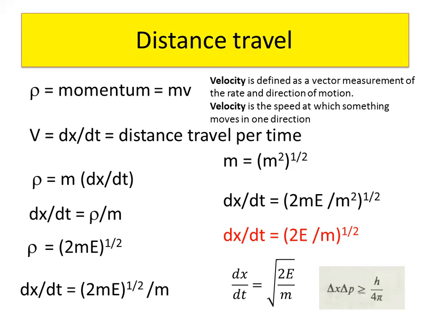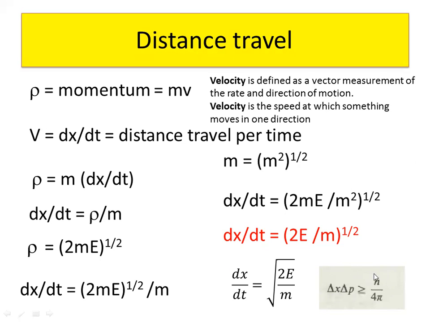So if there is this delta x, which is again the position, and this is also giving you the position, if you want to accurately measure the position, there should be more uncertainty in the momentum. And if you want to measure the momentum more accurately, then there should be more uncertainty in the position of the electrons.